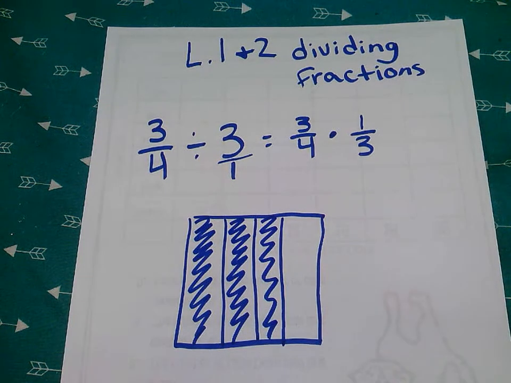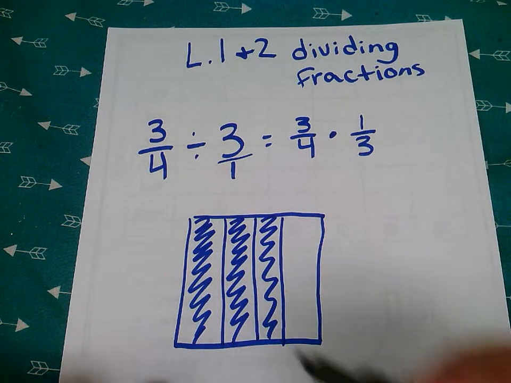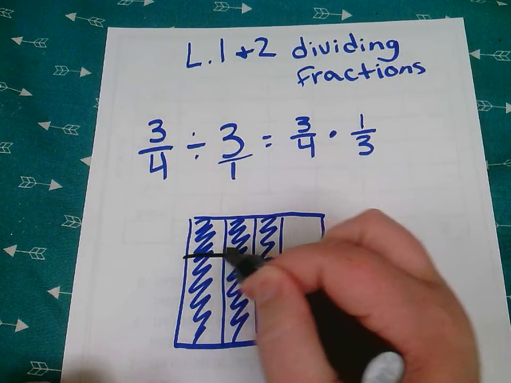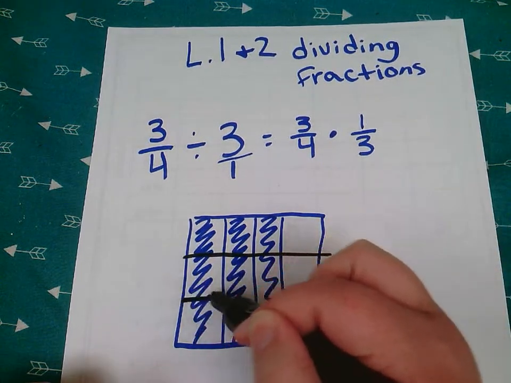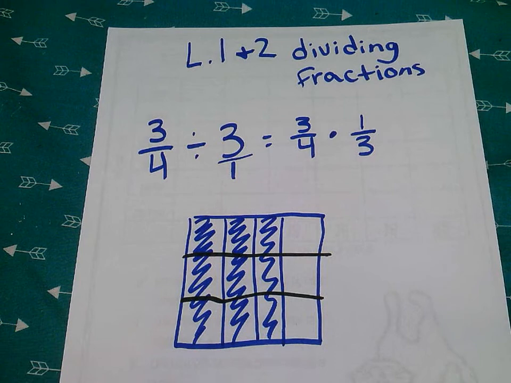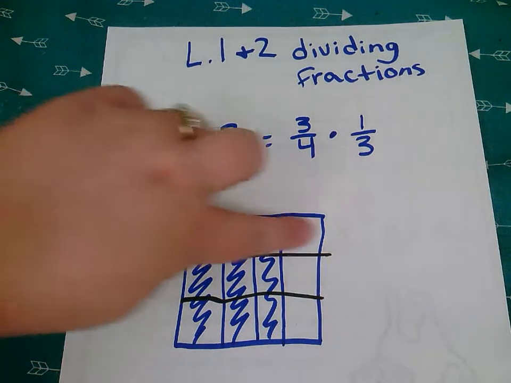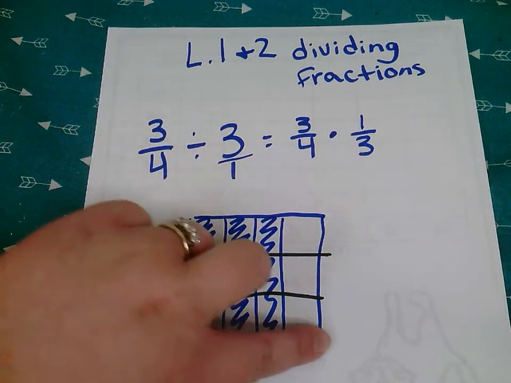So I have 3/4 there modeled. Then I need to break it up into 3 pieces because they're asking me to divide it by 3. So I'm going to break it up horizontally into 3 rows. 1, 2, and 3.